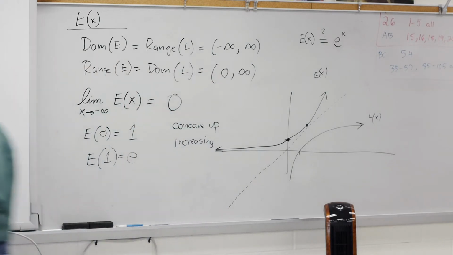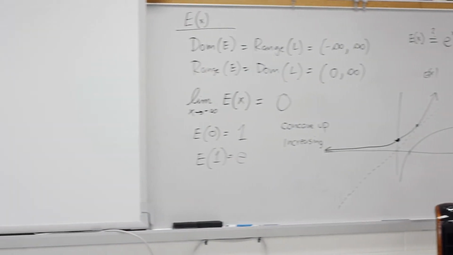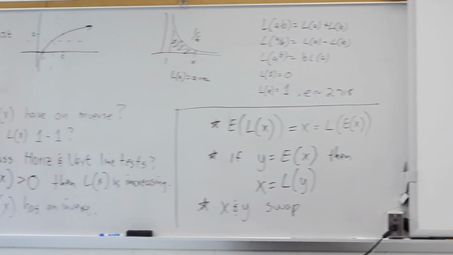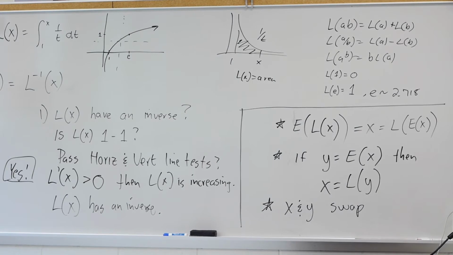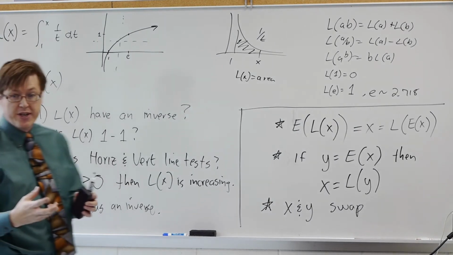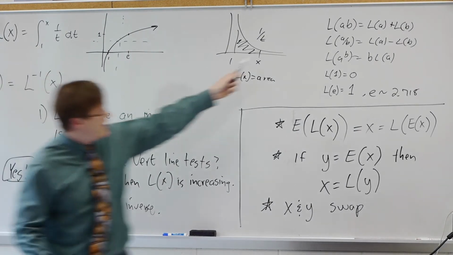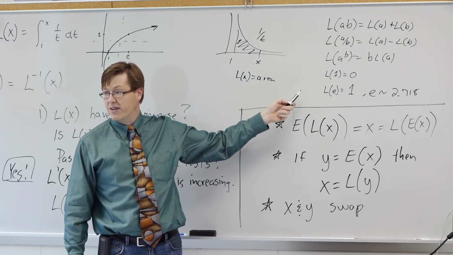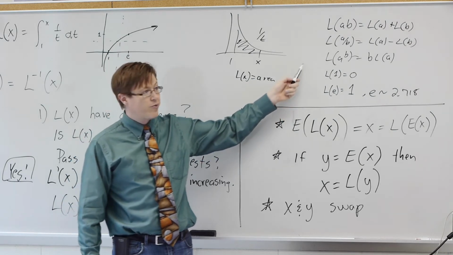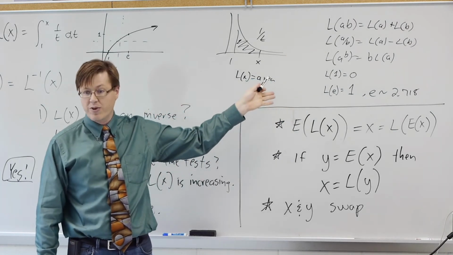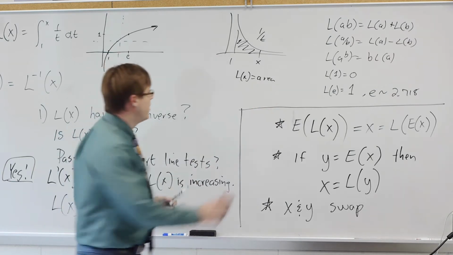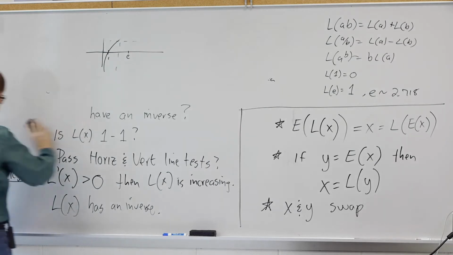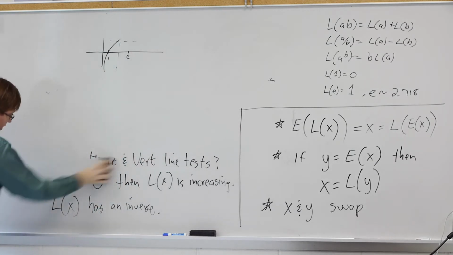And I'm going to do it similar to what we did last class. But last class I had to use the integral definition of capital L to prove all the properties. Well, I don't have to use the integral definition anymore because I know that L has these properties. And I know that E is the inverse of L. So I'm going to prove that E has properties that look really similar to that. And if we think about what properties exponentials have, that can guide our proof here.